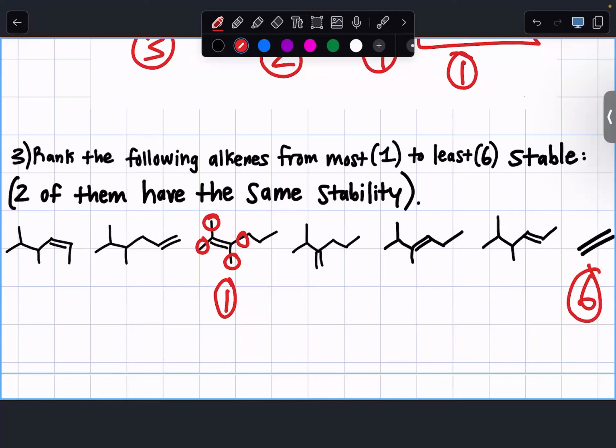Okay. Now, which one is the second most stable one? Yes, the fifth one, which is tri-substituted. Okay.